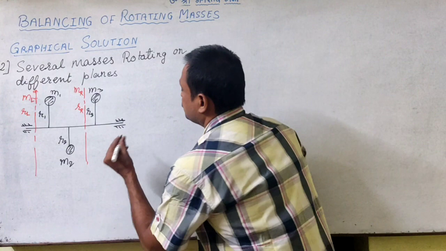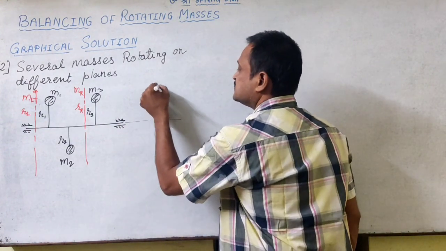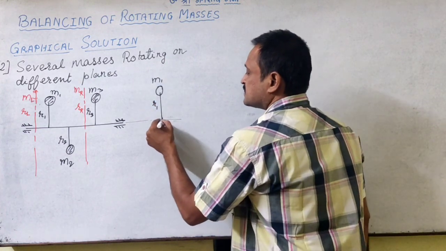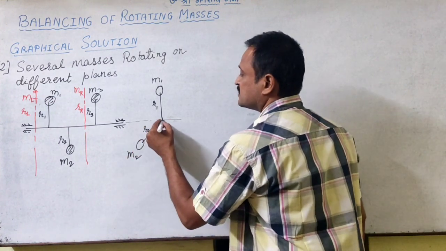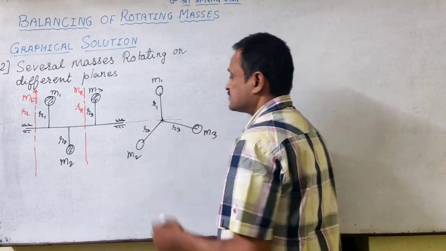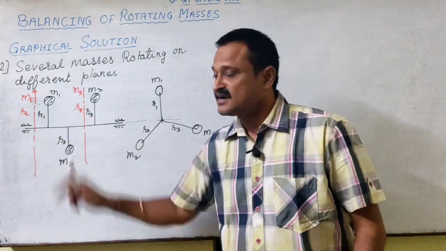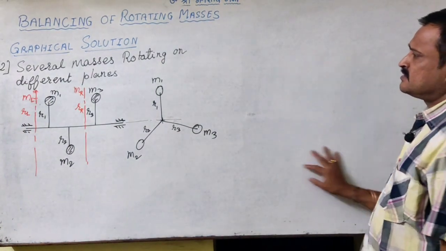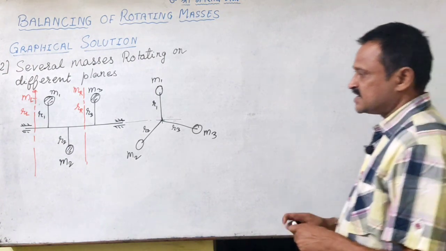So maybe, so say this is M1 at R1, this is say M2 at R2, and this is M3 at radius R3, and we don't know where the phase of this ML and MR are going to lie. So with the help of graphical solution we will try to find out.